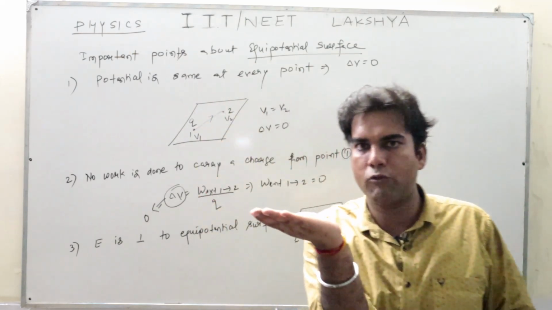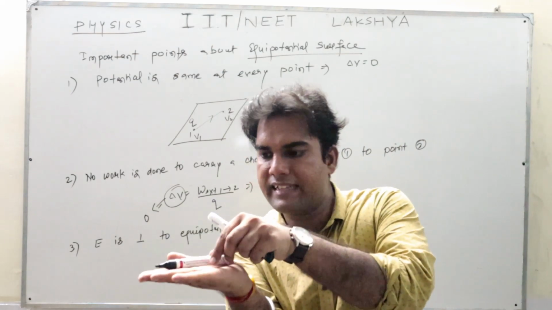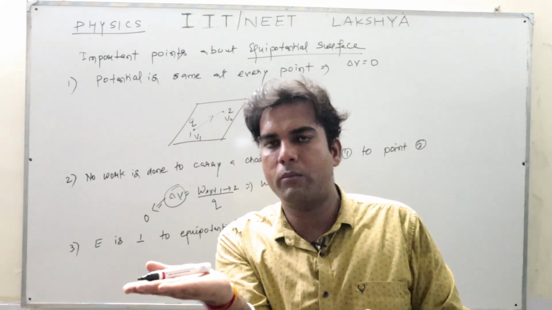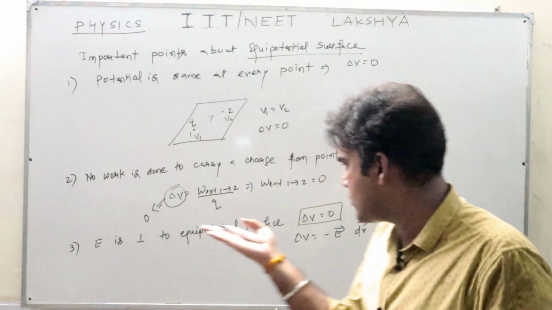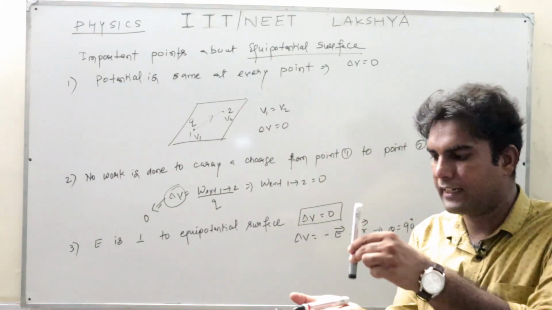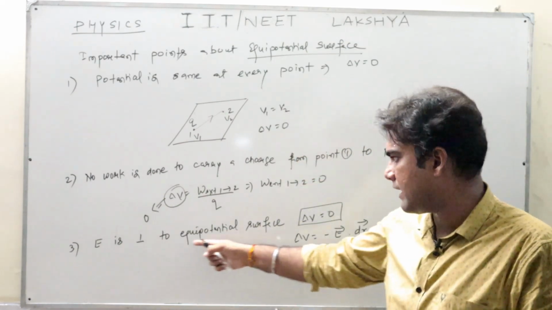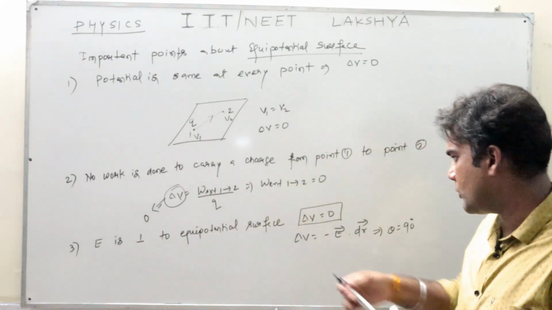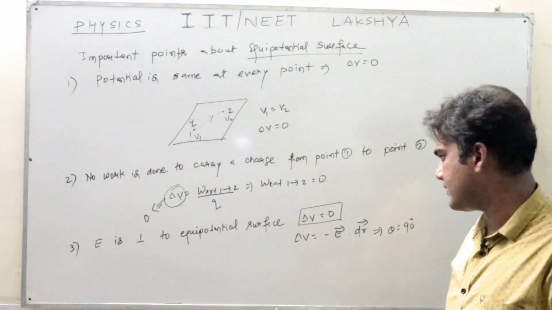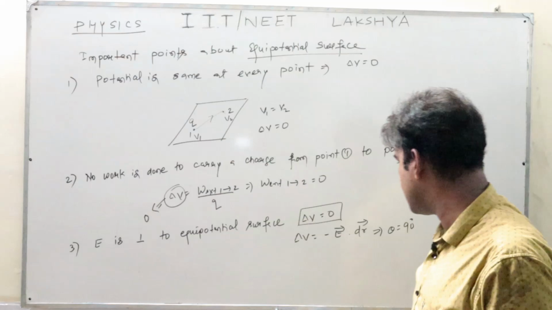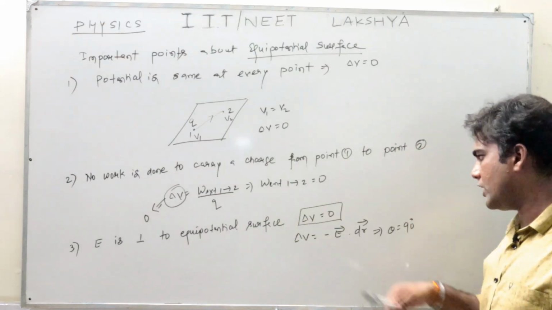Suppose this is your equipotential surface, then dr is lying like this, in the direction of the surface. So the angle between E and dr should be 90 degrees, because then only you will get delta V 0. It means electric field is perpendicular to your equipotential surface. I hope that point is clear to you. So E is always perpendicular to the equipotential surface, because only cos 90 will be 0.